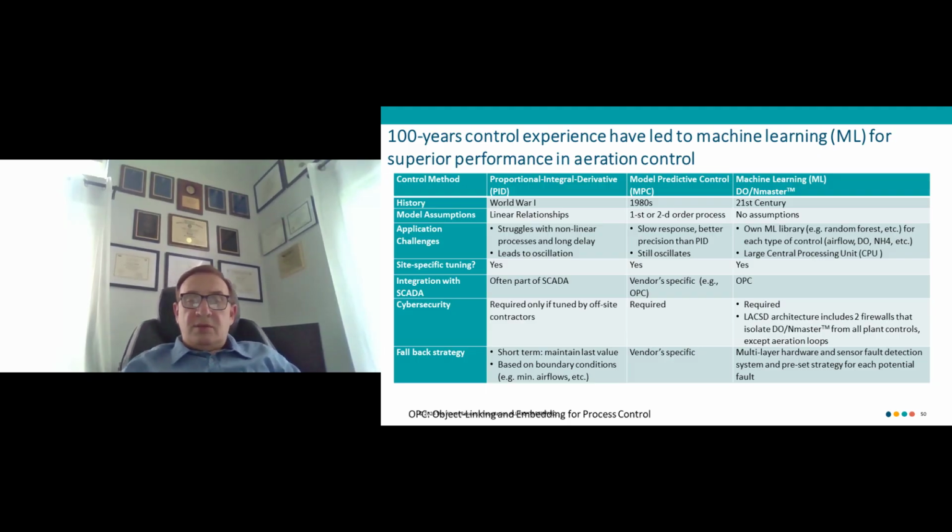So let's look at the methods that are available to us today. While the PID method was successfully used for over 100 years across a variety of industries, it has limits, and Natalie touched upon them. It assumes a straight-line relationship between valve position, airflow, DO, and ammonia.